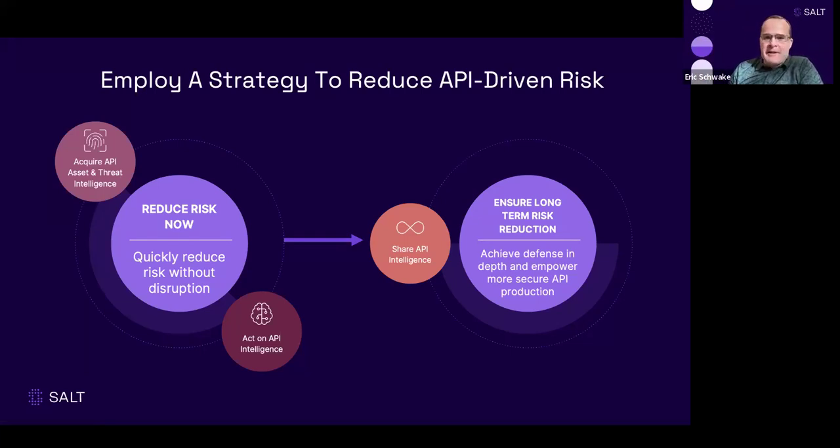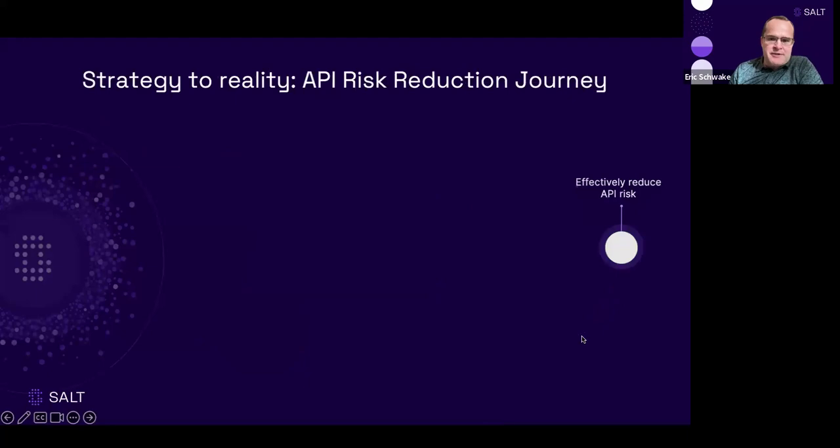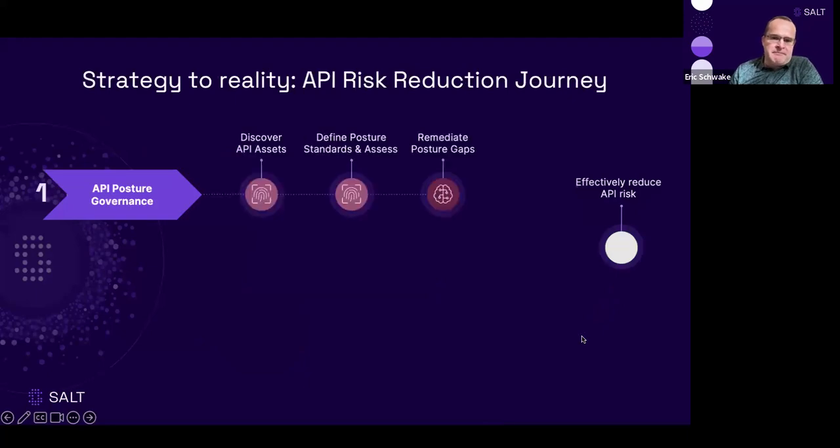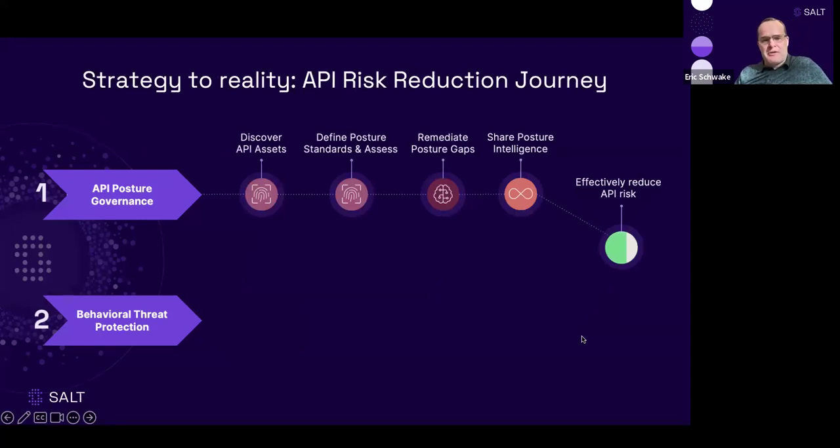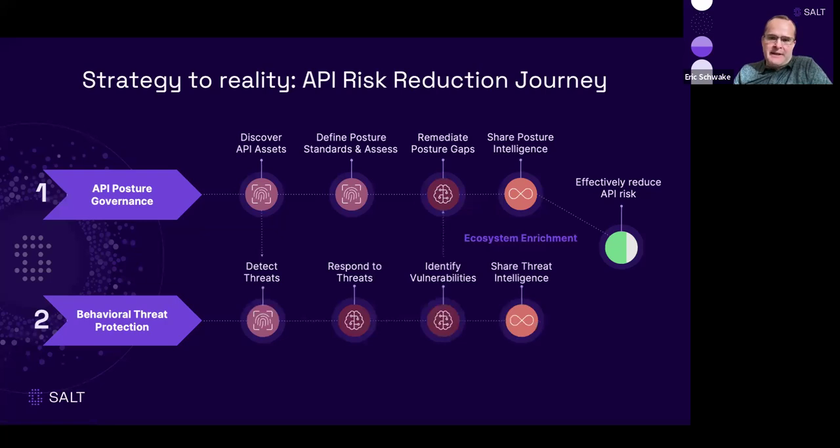I'm going to go ahead and build this next slide out. Posture governance is what we'll talk about first, and then we'll talk about the behavioral protection side of that. As we've talked about, it's really a journey that needs to take place for organizations, and we think the first starting point is the posture governance side.